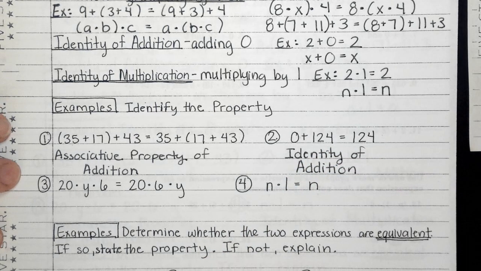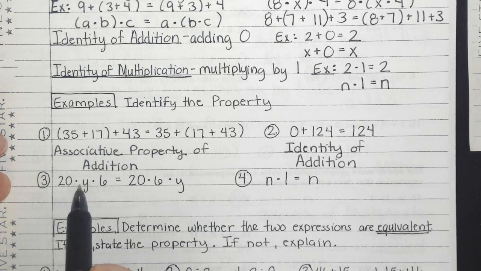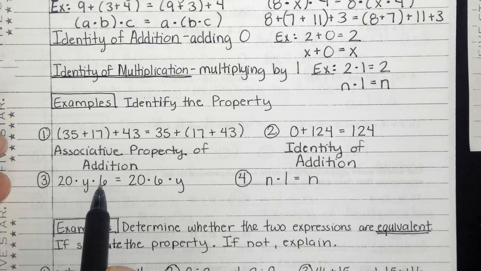All right, number 3. What operation is happening here on number 3? 20 times y times 6 is the same as 20 times 6 times y. Very well. It would be, because 20 was at the front, then I had y, then I had 6.